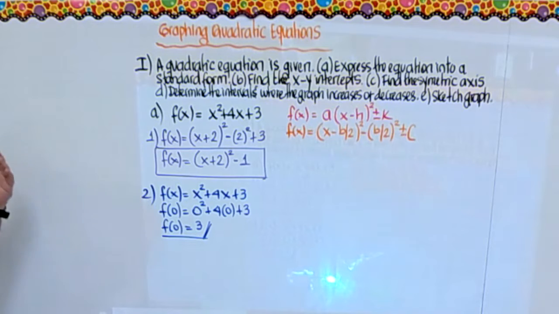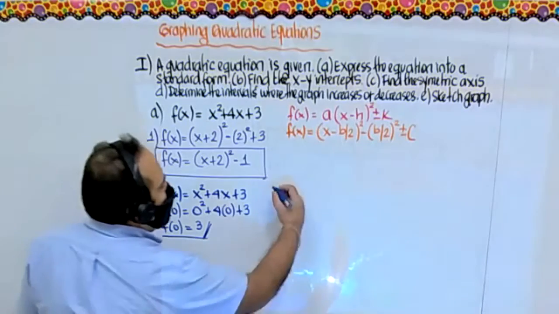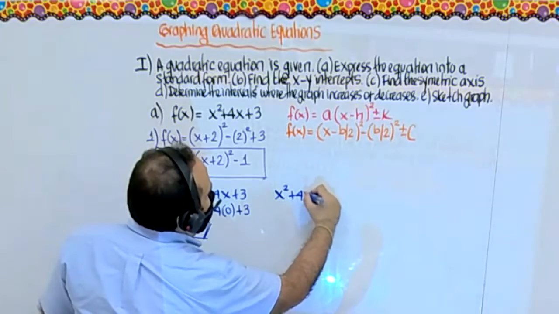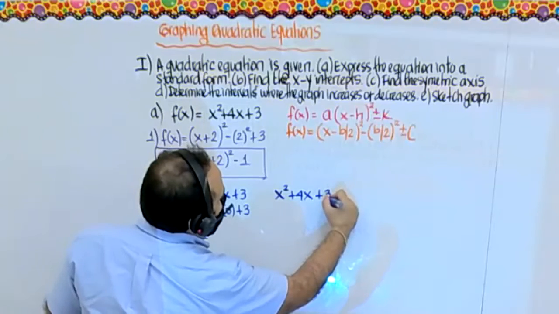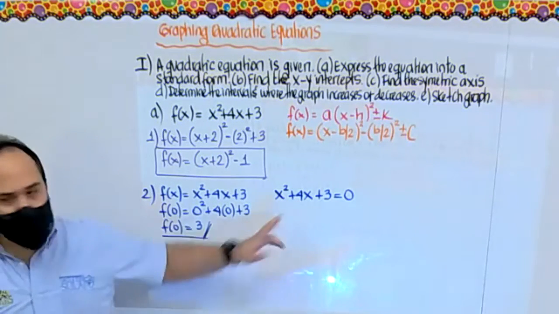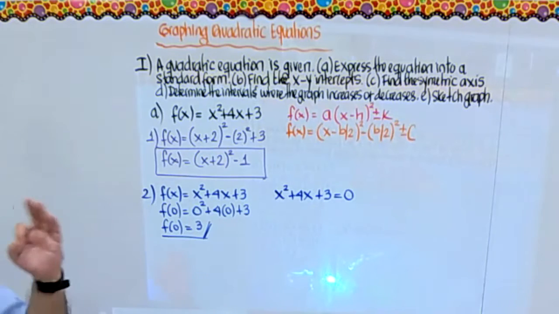Now, the x-intercept: what is the value of x when y equals 0? In simple words, we set up the same equation, x^2 + 4x + 3 = 0. To solve this quadratic equation, we have three methods.